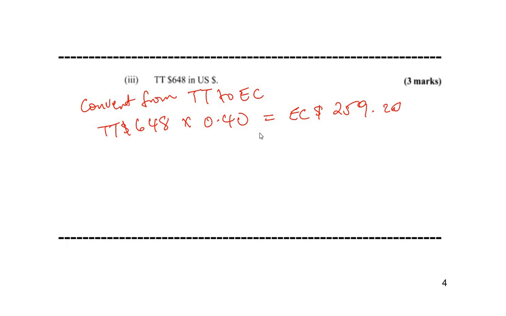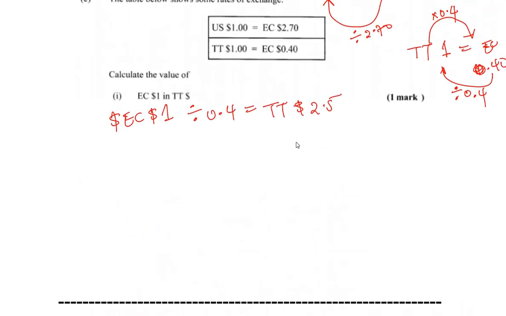Next, we can now easily convert from EC to US dollars. So to convert from EC to US dollars, we divide by 2.70. Let us look back at what we have established.